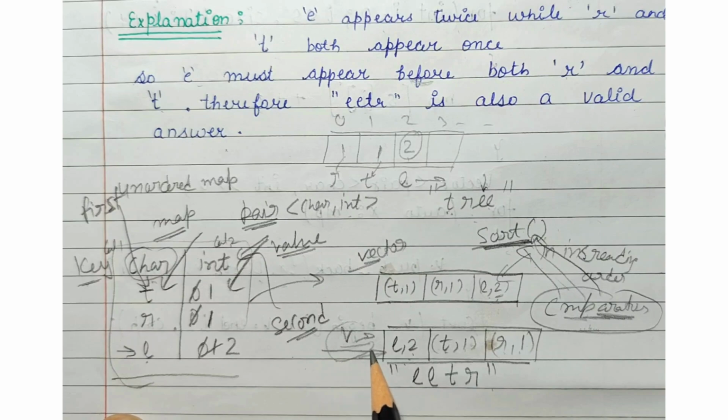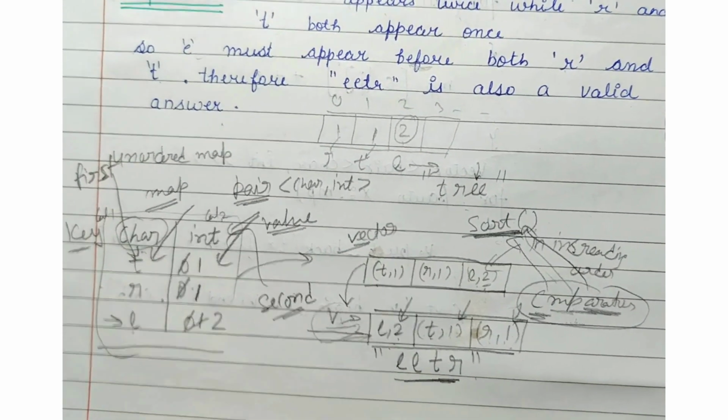I traverse the vector again after sorting in decreasing order using the comparator function, and according to the second argument, I include the first argument in the output.